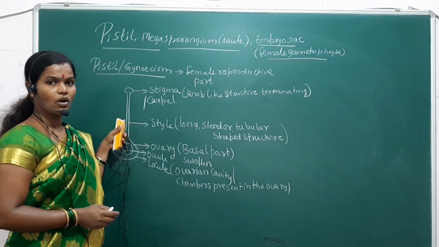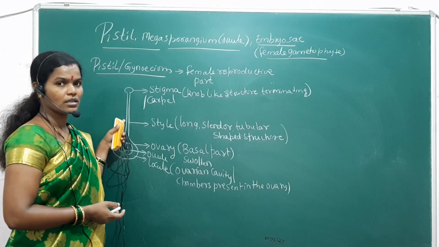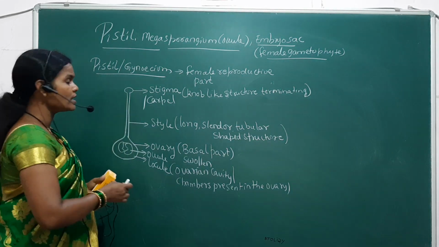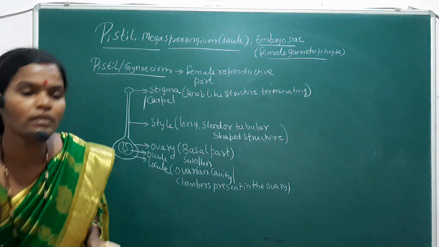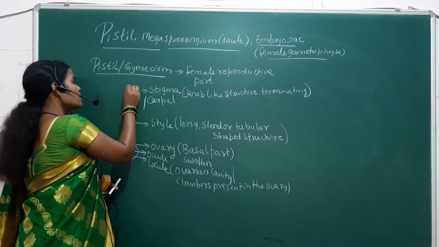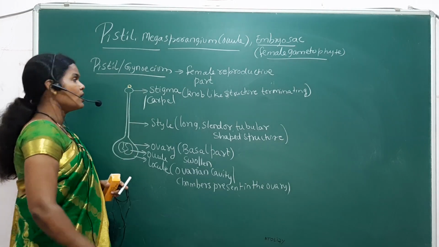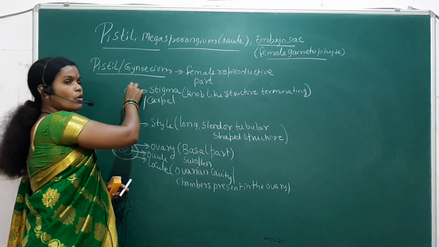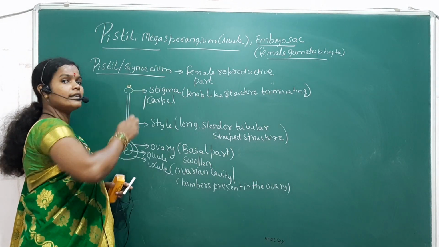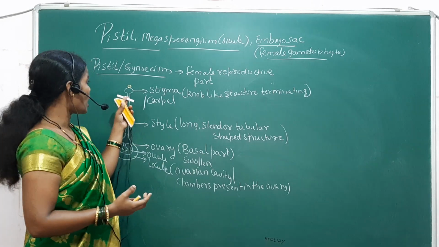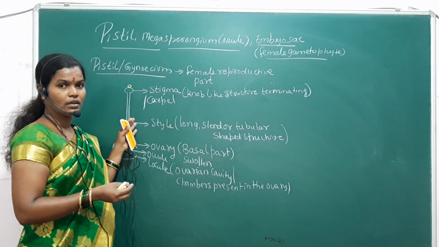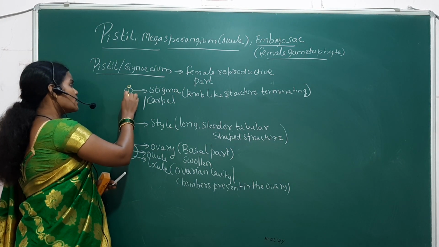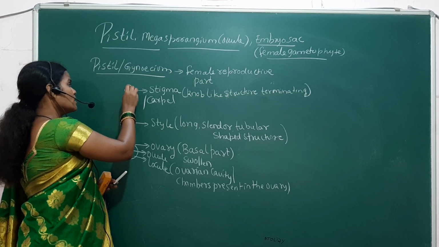On this stigma, a knob-like structure, when the pollen grains land on it, whatever moisture is present in the stigma is absorbed by the pollen grain and it gets swollen. After swelling, it slowly opens and the process of germination occurs. So the stigma helps in germination.